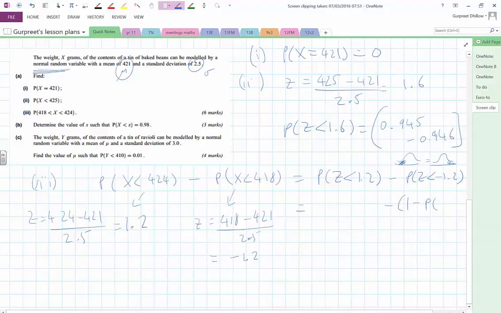So that's 1 minus the probability that z is less than positive 1.2. And so you've only got to look up the 1.2 value. If you do that and you subtract them in this way, again the mark scheme accepts any answers between 0.769 to 0.770. And so part A should have been relatively straightforward from that point of view.